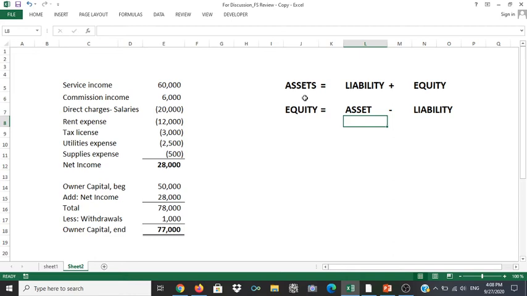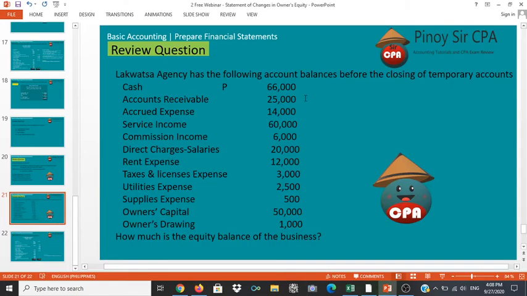Other way of computing. Okay? So we have asset here. Asset accounts. Ano-ano yun? Cash. Okay? Ano pa? Accounts receivable. Ano pa? Meron pa ba na asset accounts? Wala na. Yun lang.